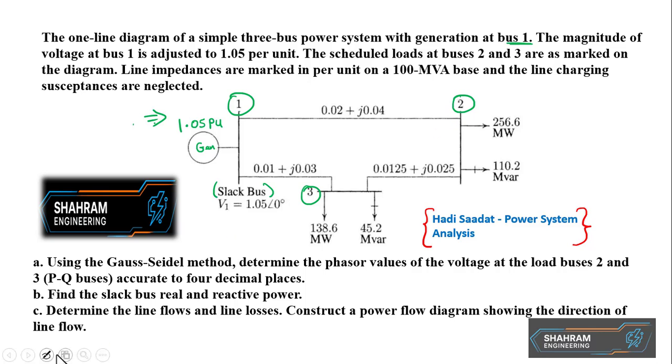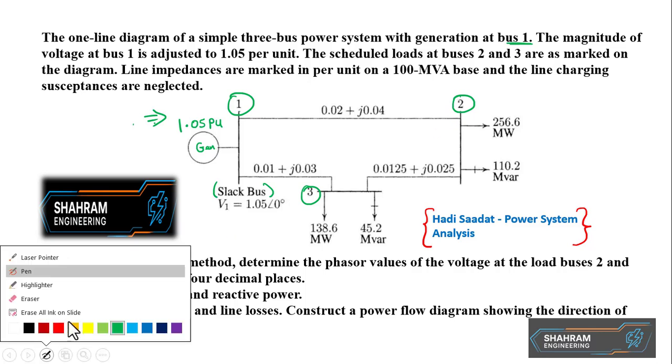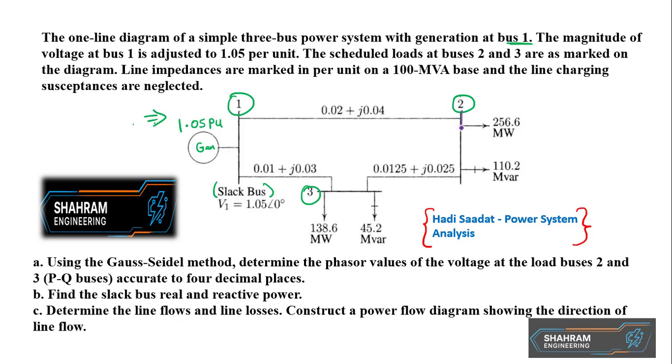Let me mark it in another color of ink, let me have purple. So this whole bus is bus number 2, bus number 3, and then it says line impedances are marked in per unit on a 100 MVA base. So the base is 100 MVA of the system.